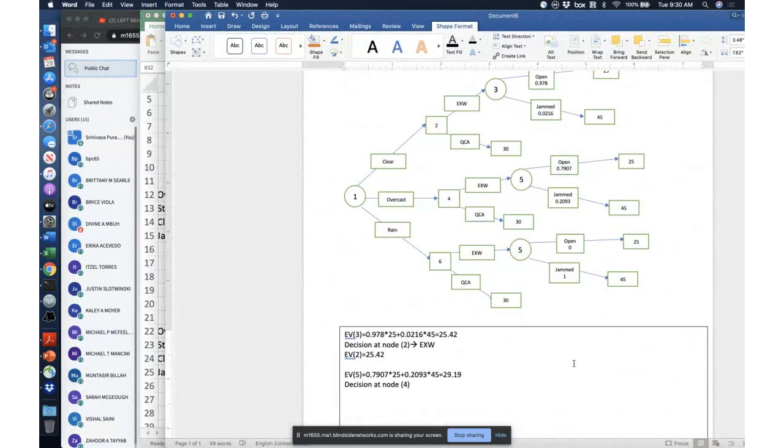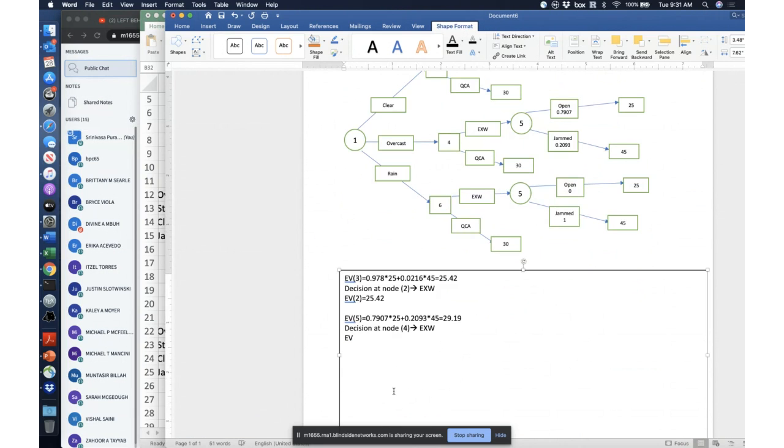So the decision at node 4 is to take the expressway. And so the expected value at node 4 will be 29.19 minutes.